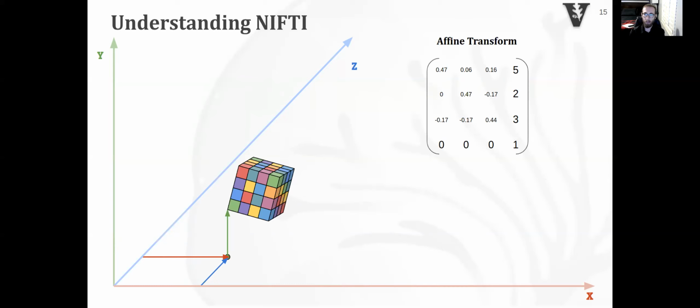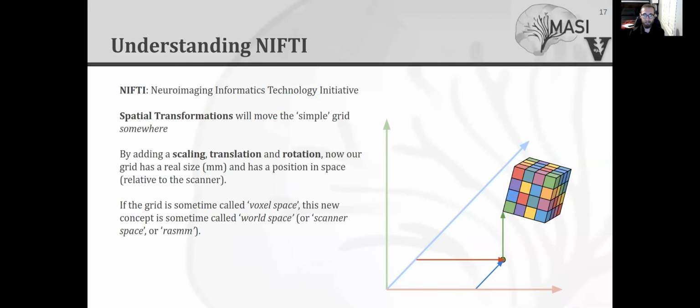And now we are in what we call world space, scanner space, or RAS-MM. This spatial transformation will provide a real size to your grid, a real size to your voxel, and will give you a real position relative to the scanner. Like I said, if the grid is sometimes called voxel space, well, this new concept of a grid position in space is called world space, scanner space, or RAS-MM.